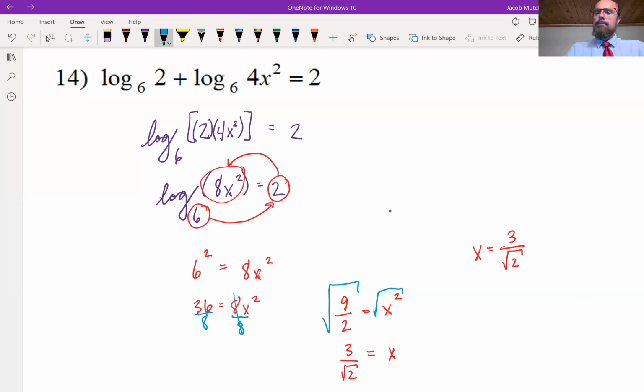I want to multiply by the square root of 2 below and above. So our answer here is going to be x equals 3 times the square root of 2 over square root of 2 times itself, which is just 2. And one thing we do need to remember is that this is going to be plus or minus. Remember, if I take the square root, it gives me both a positive and a negative version of the answer.